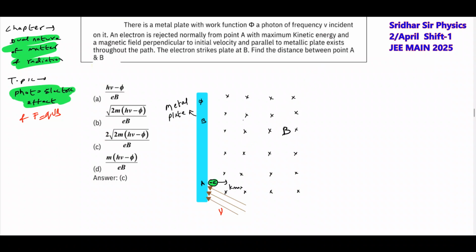How is the path of the particle? The path of the particle will be a semicircle, because it has huge width, right? This length will be radius R, and this will be R. Sir, how come it will move in that direction? So the velocity is like this. There's a velocity. Then the magnetic force should act upward.